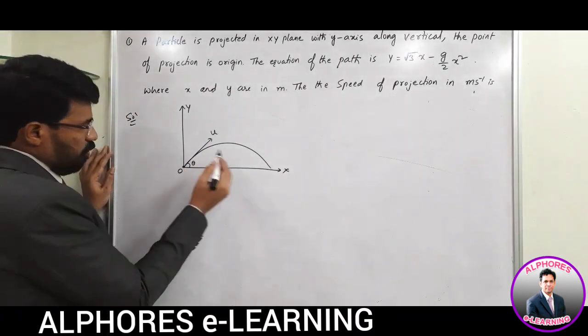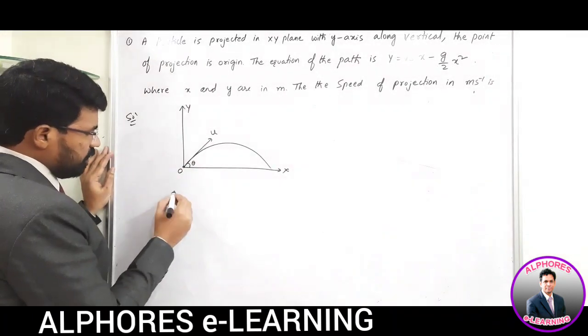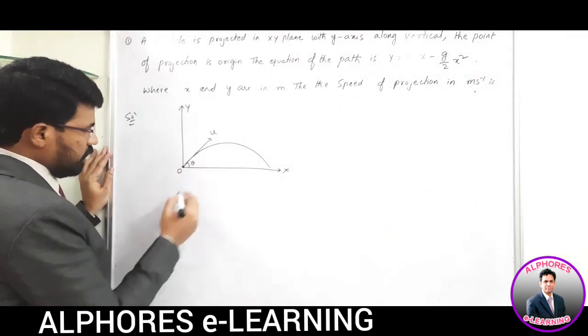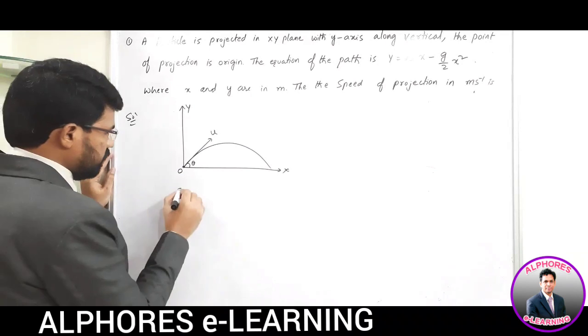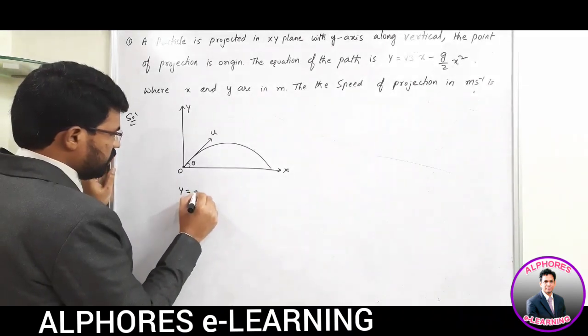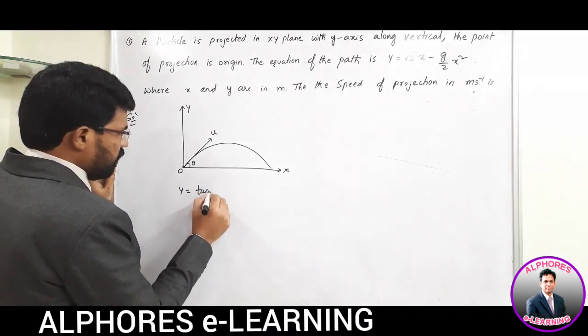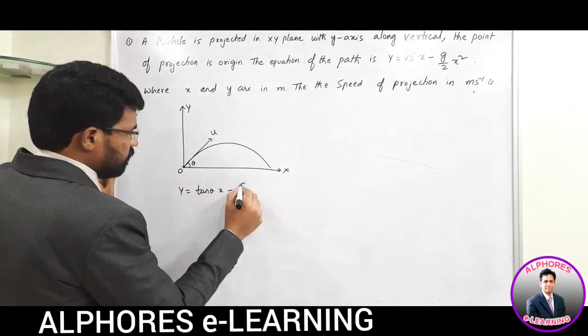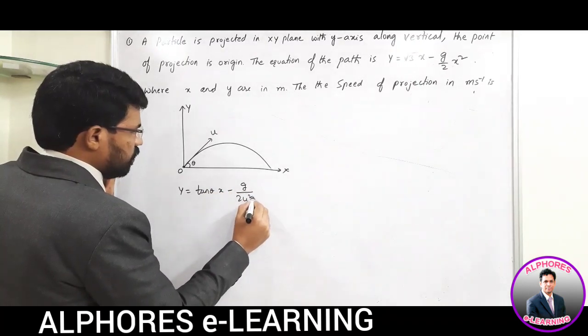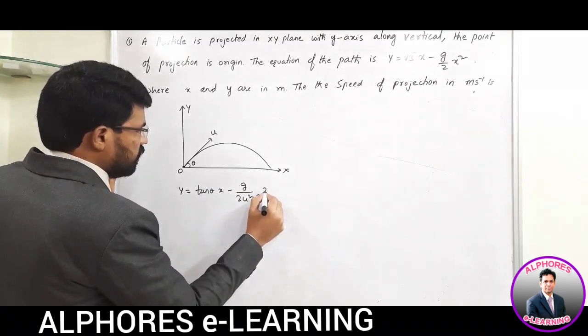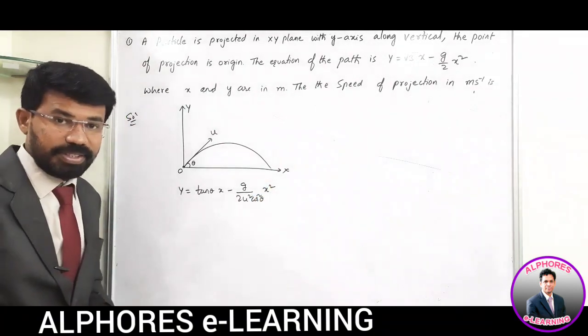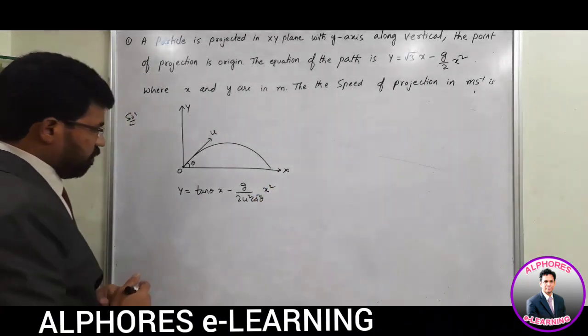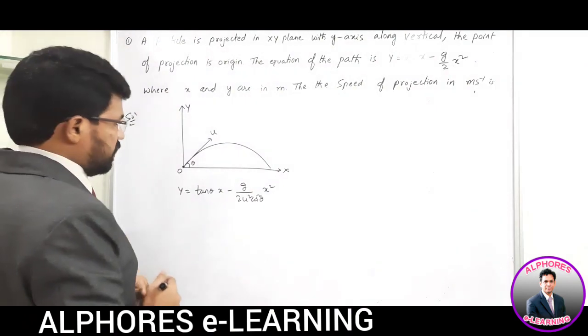Right. So for an oblique projectile, what is the equation of the trajectory? It is expressed as y equals tan theta into x minus g by 2 u square cos square theta into x square. Isn't it? That's how we express the trajectory equation.